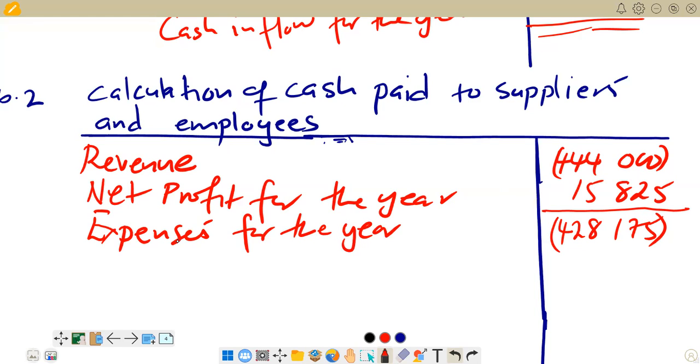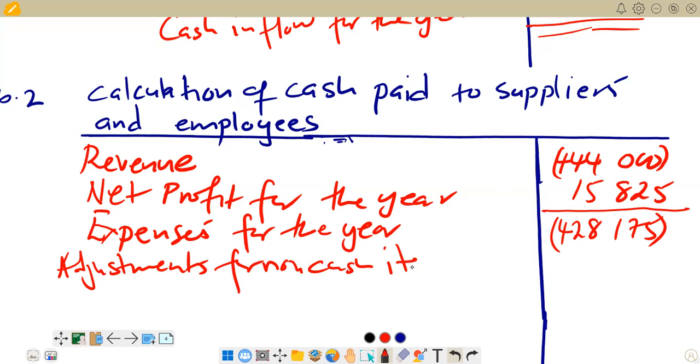Then after that, we are going to adjustments of non-cash items. Adjustments of non-cash items here. For adjustment for non-cash items, remember, we have got interest received and interest expense.